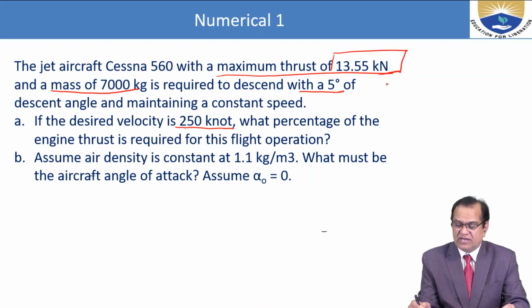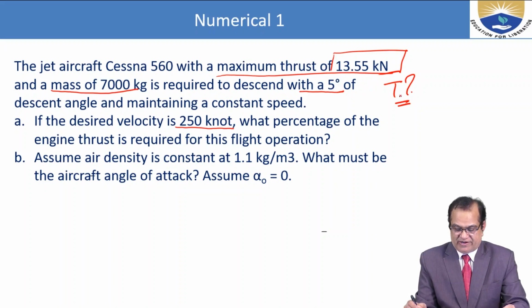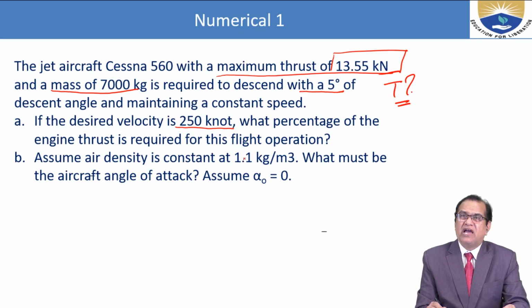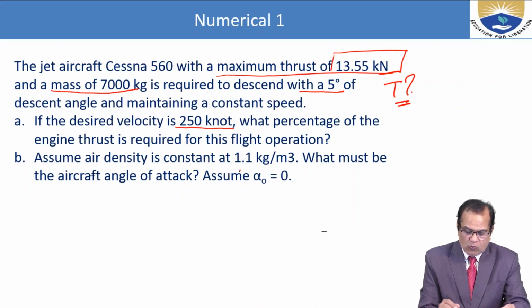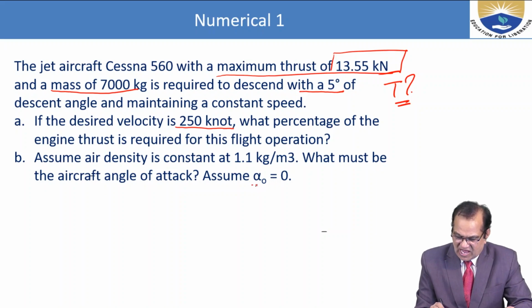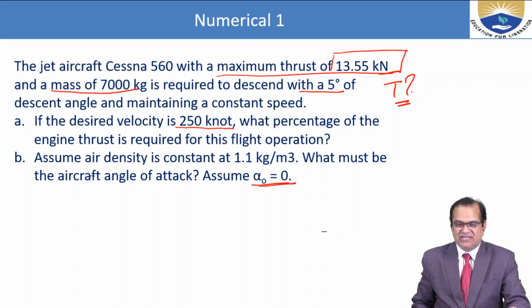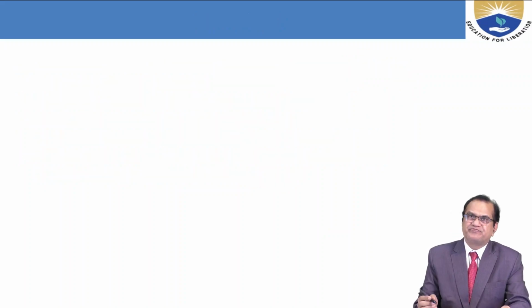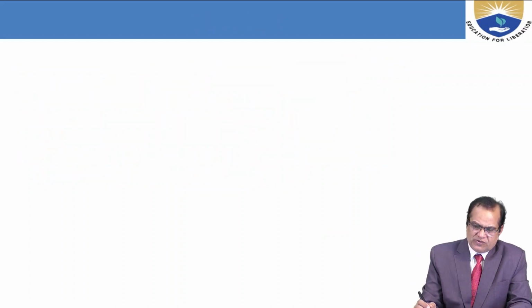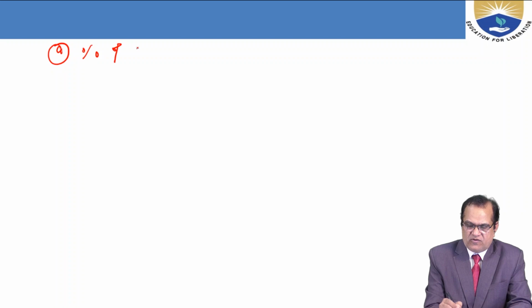We have to find how much thrust is required, and from there find how much percentage of thrust is required. And in the second case, the density is constant and we have to find the angle of attack if alpha naught is equal to 0. So these are the things which are given. We first have to find A, that is, the percentage of the engine thrust.